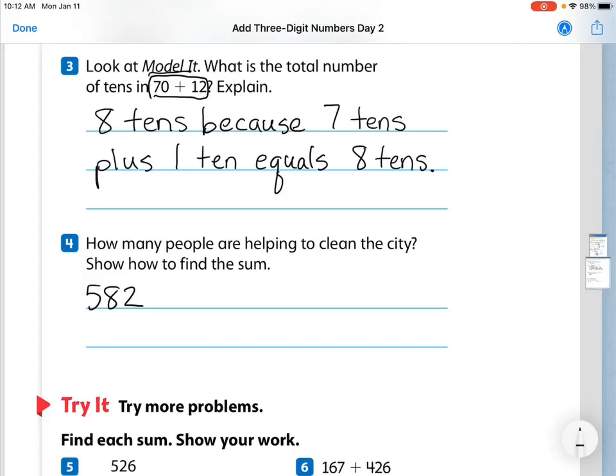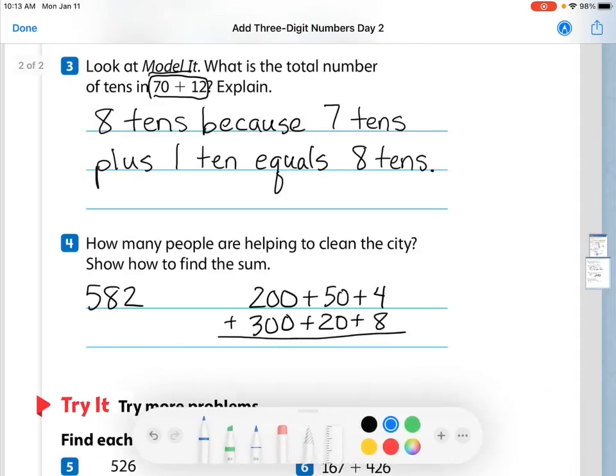So let's go ahead and we're going to write in expanded form. We're going to say 200 plus 50 plus 4, remember I'm getting this from the other page, the model it, plus 300 plus 20 plus 8, and we add those together.